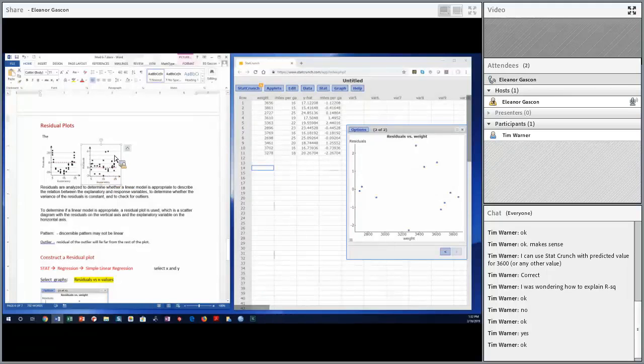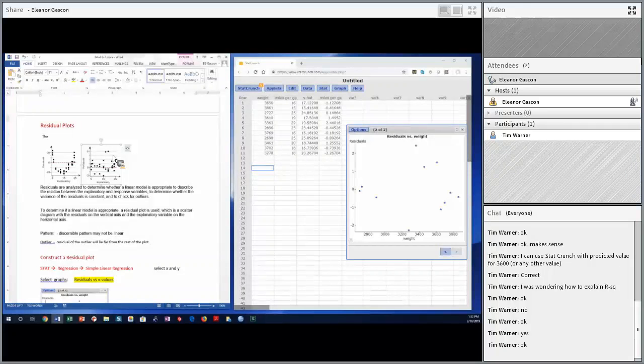Now, if you see some points like out here, they're way out from everything else. That would be outliers, another flag as to whether this is a linear regression or not, because those outliers can pull and make our correlation look different from what it really is.